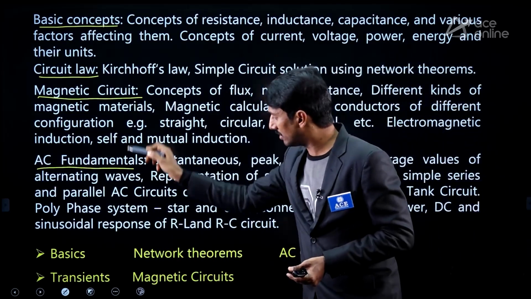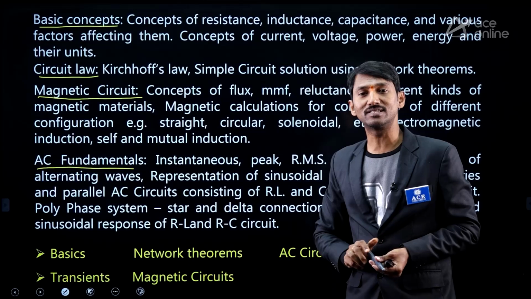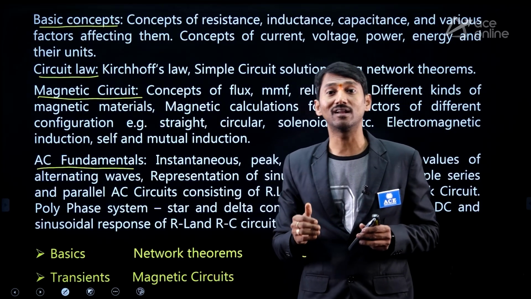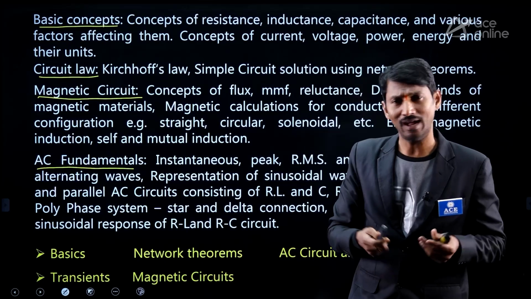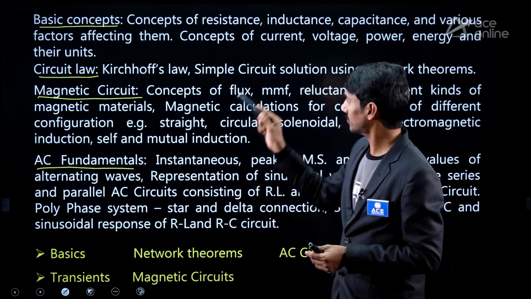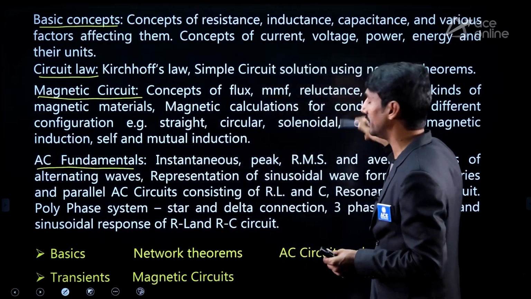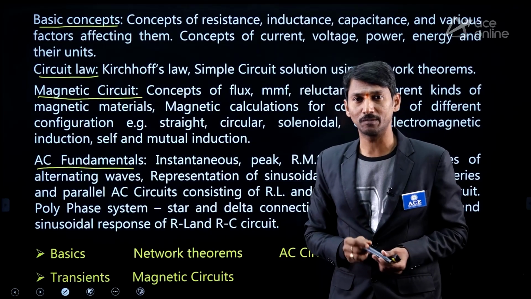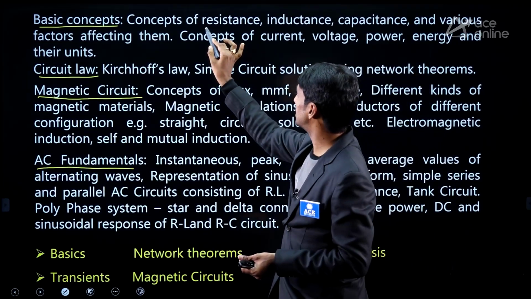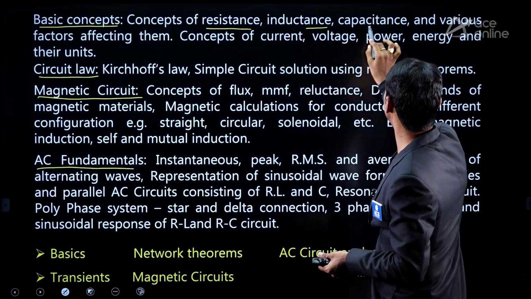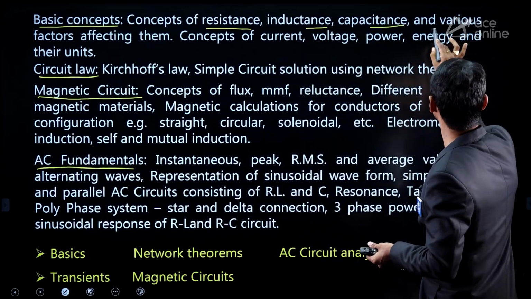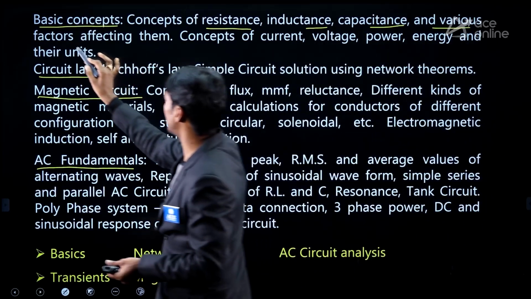But for all these, the subject name we can say is circuit theory or electrical circuits or network theory. As all electrical engineers know, all these principles are coming under which one? Network theory subject or electrical circuit subject. In this they have given the concept of resistance, inductance, capacitance, nothing but basics of RLC, and various factors affecting them.